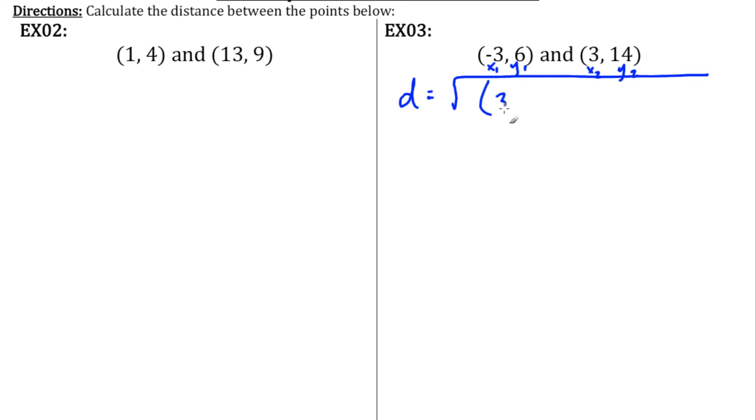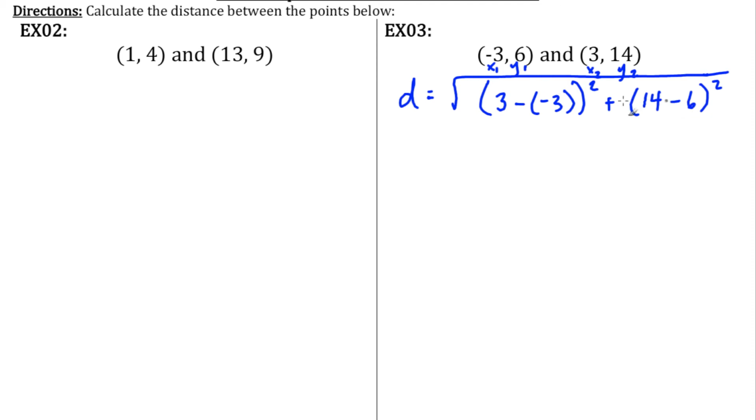So 3 minus negative 3 squared plus 14 minus 6 squared.